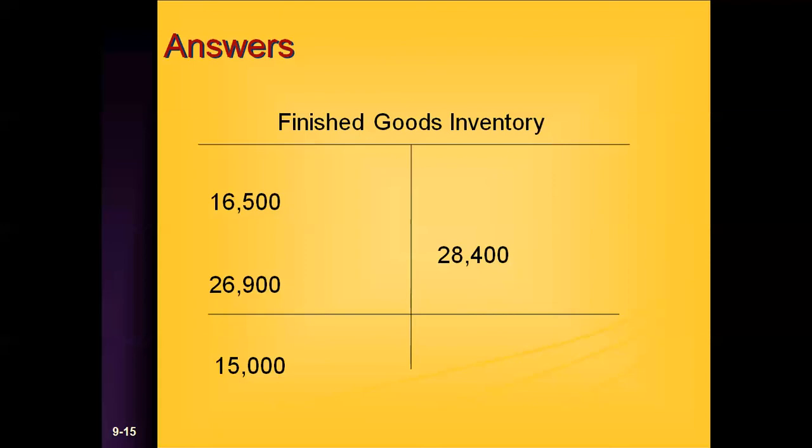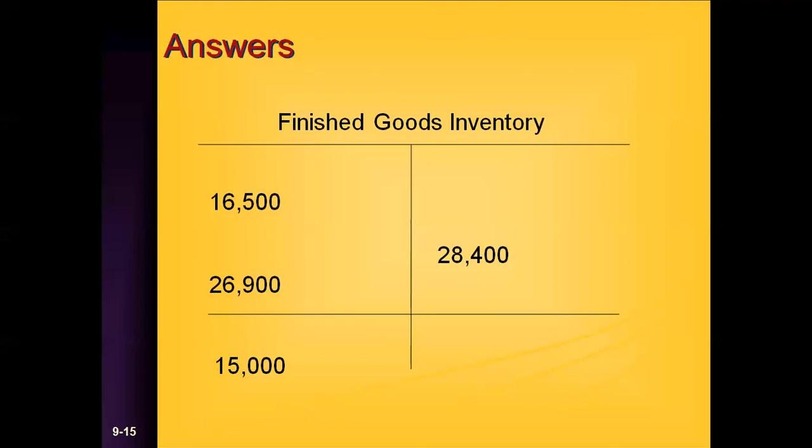We had 26,900 transferred in to finished goods inventory. The finished goods transferred out, cost of goods sold, which is a term you're very familiar with, is 28,400, and the net balance is $15,000. So it's a pretty straightforward process.